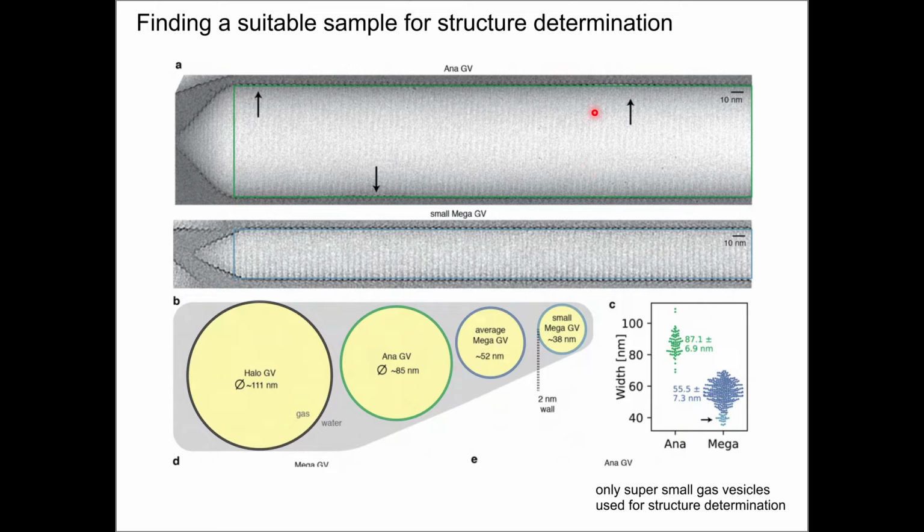On the top here is a micrograph of Anna GV, which tends to form these bigger diameter gas vesicles. It's supposed to form a perfectly cylindrical shape, but they noticed there are some deformities along the edges, where it's not a perfect cylinder. It's bent a bit, or flattened differentially along the way. But this was not really seen in the smaller gas vesicles.